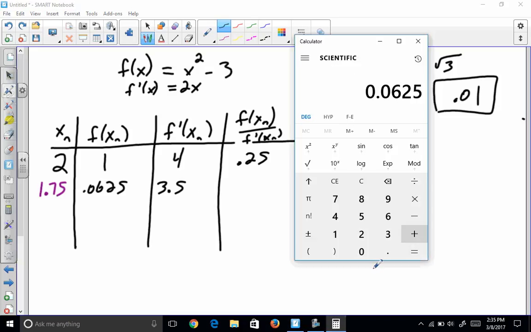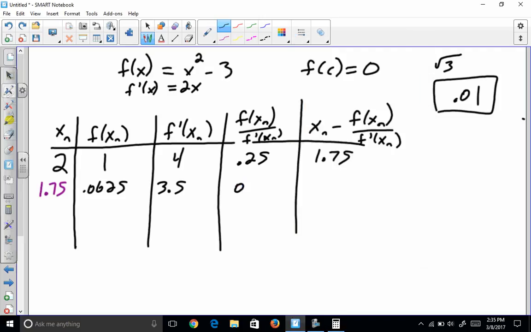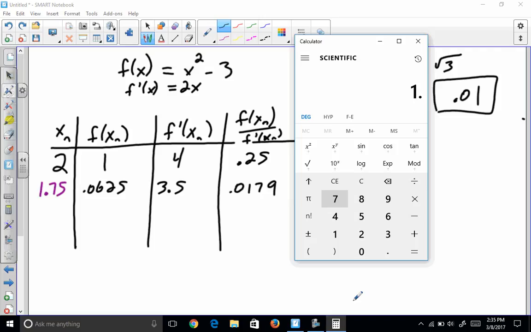And if we divide those, let's go to 4 decimal places, 0.0179. So if we take our x minus that ratio, we get 1.7321.